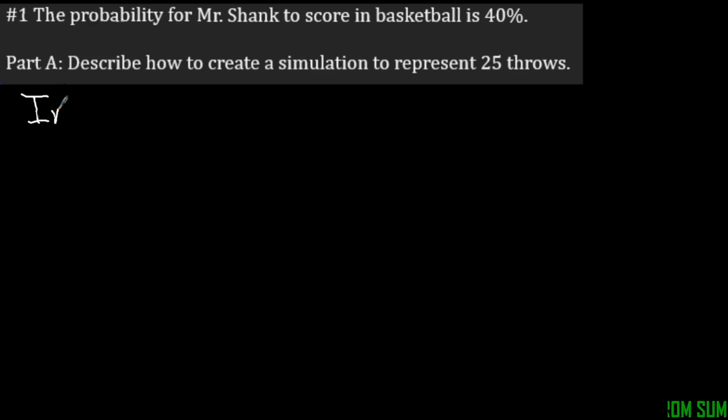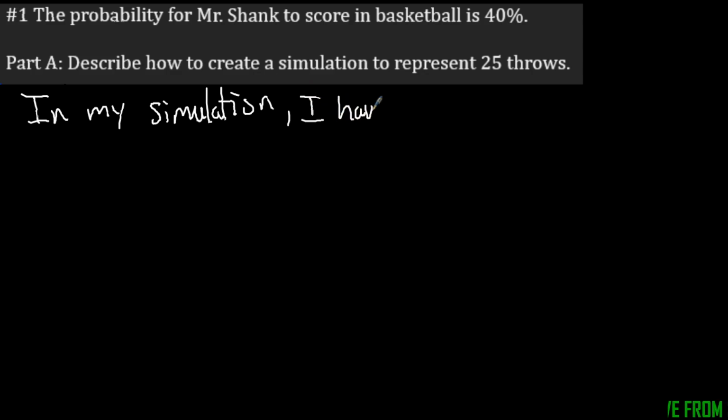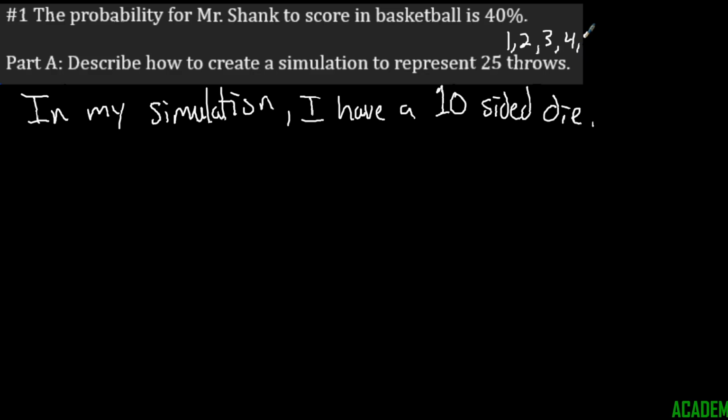So we can say it like this. In my simulation, I have a 10-sided die. Since it's 10-sided, the results would be 1, 2, 3, 4, 5, 6, 7, 8, 9, 10.